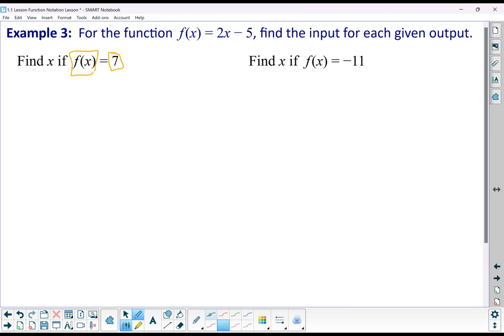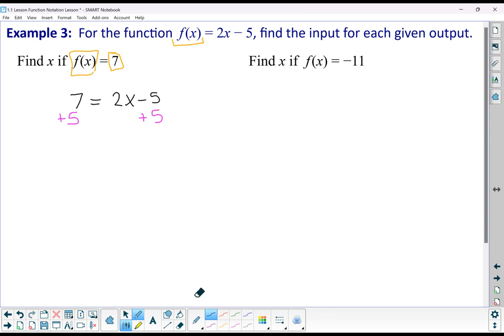So right here, the thing that is equal to 7 is f of x. We're going to replace the f of x with the 7. 7 is not the input. 7 does not go in for x. 7 is the value of f of x. So we put 7 is equal to 2x minus 5, and we solve for x, using the same equation-solving skills that you've been using for a couple of years now in math.